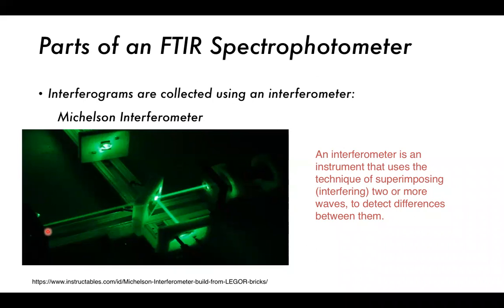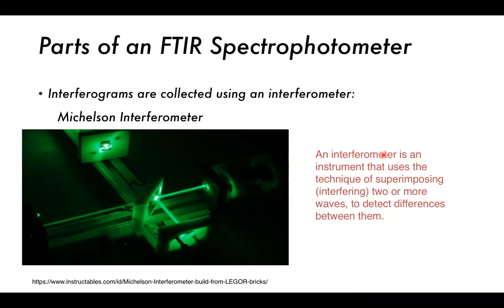We have a moving mirror, a stationary mirror, and the mirror which allows part of the beam to go out and part of the beam to be reflected here. So it comes in and is reflected here. This must be the moving mirror, and then this is the stationary mirror. It goes to the stationary mirror, comes back and is recombined here, and this one passes through there, comes back and is recombined here, and then we can have our sample here.